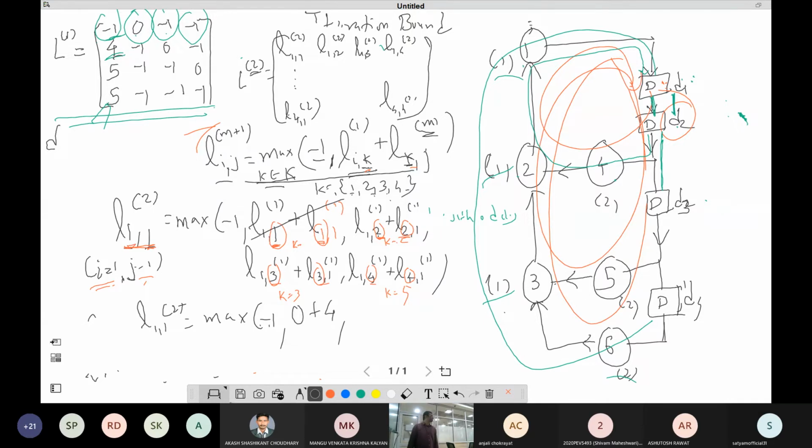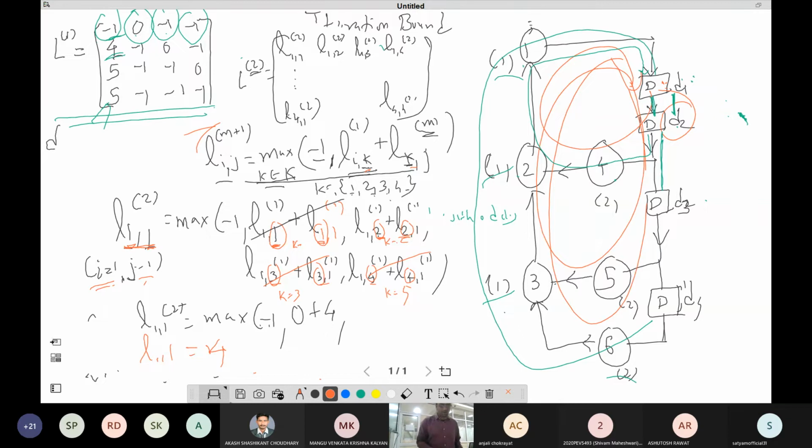L13 does not exist, so that means this will be cancelled out. L14 again does not exist. So that is maximum of minus 1 and 4. So that is the value, so L22, the first value which I will get.